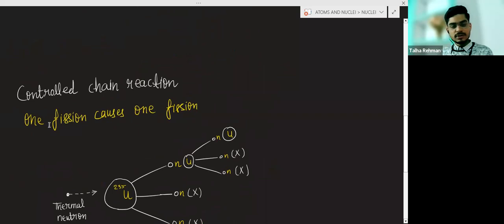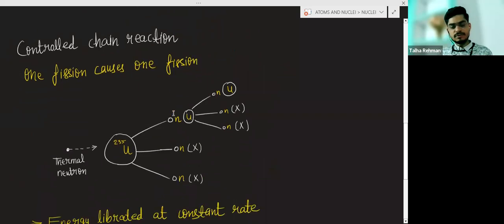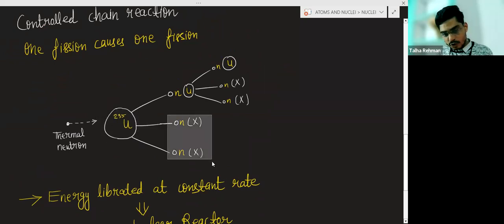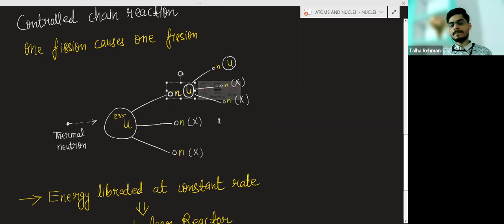Controlled chain reaction: one fission causes one fission. Here one fission is taking place, 3 neutrons will be released. Somehow you have stopped 2 neutrons from the further fission. Now only one fission will take place here. Now from this fission, 3 neutrons are again released. Somehow again you have stopped 2 neutrons from the further fission.